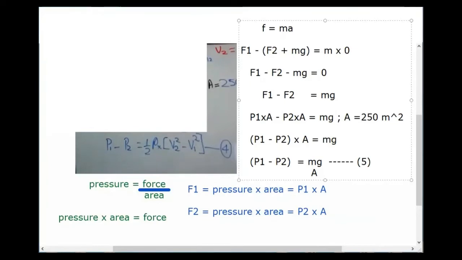Who wants more time to write these things? Equation number 5. Who wants more time? May I erase it and go to the next section? If you want any more time, please raise your hand in the Zoom chat.